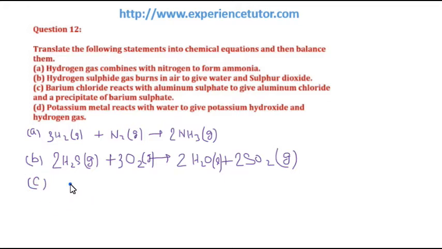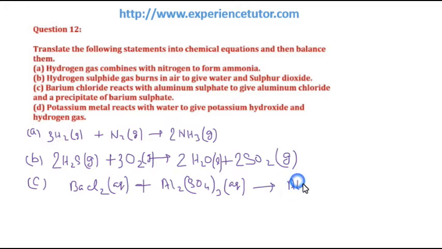The third one we can write BaCl2 for barium chloride, which is aqueous, plus aluminum sulfate, aqueous, gives aluminum chloride, aqueous, plus BaSO4, solid.